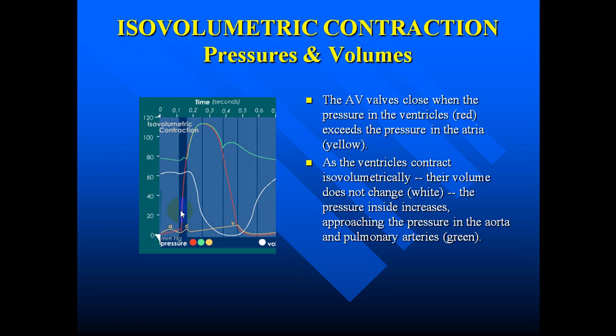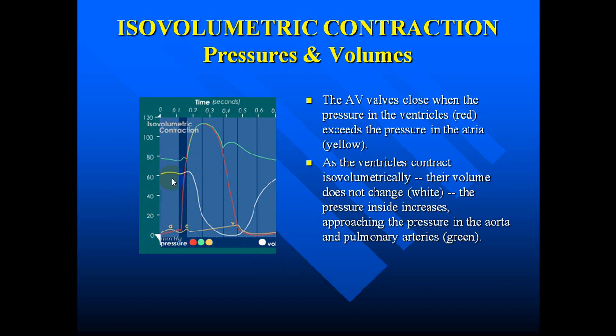So this is a contraction with no volume change, but we see the pressure rise from nearly 0 or 1 until it reaches 80 or more. The volume doesn't change, which is the white color, while the pressure inside approaches the pressure in the aorta.